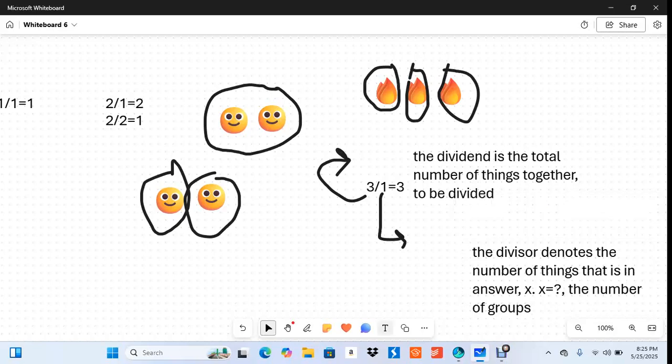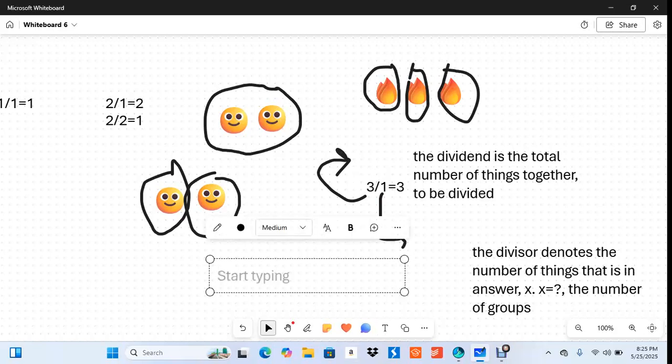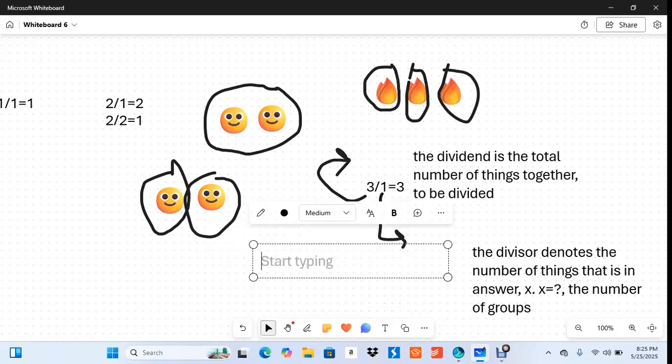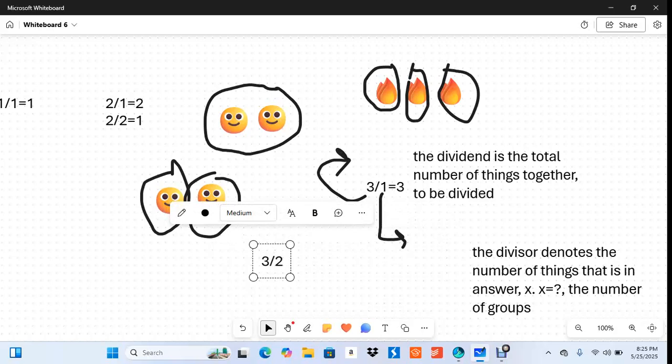Okay. So now let's try. We can't do 3 divided by 2 evenly, because you have a remainder. So let me just give an example of this so you can understand what that means. Say I did 3 divided by 2.